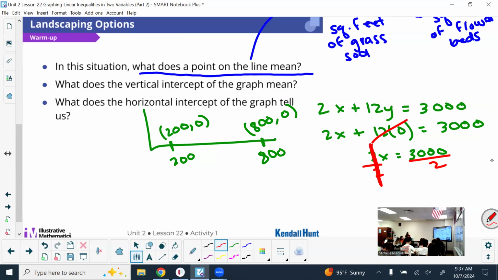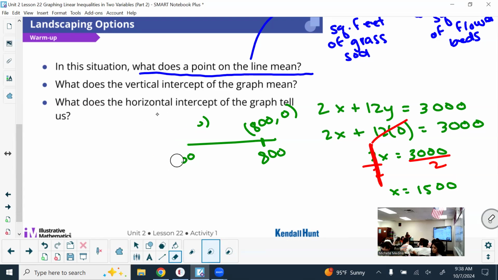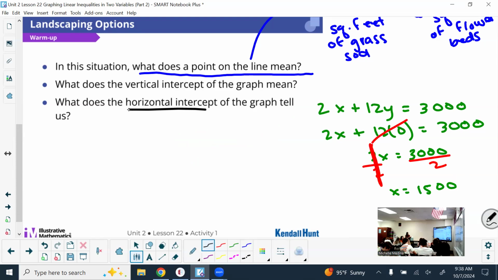So when they buy no flower beds, this is how many square feet of the grass sod they can buy. So now you can graph that on your graph. Your x-intercept is 1,500. Questions on that?